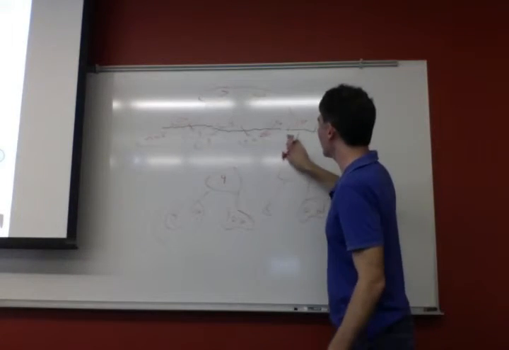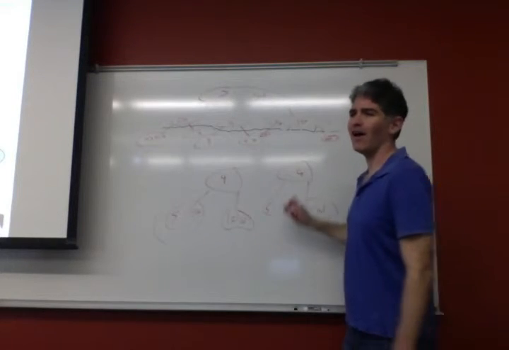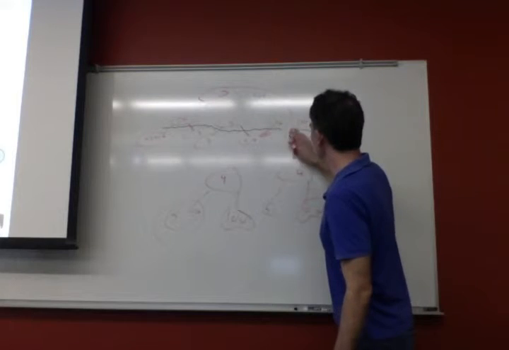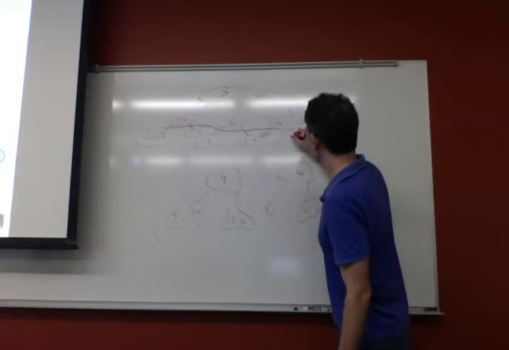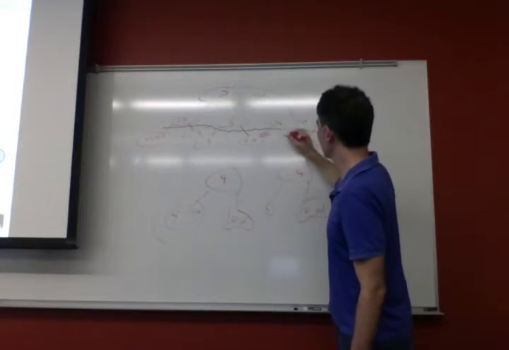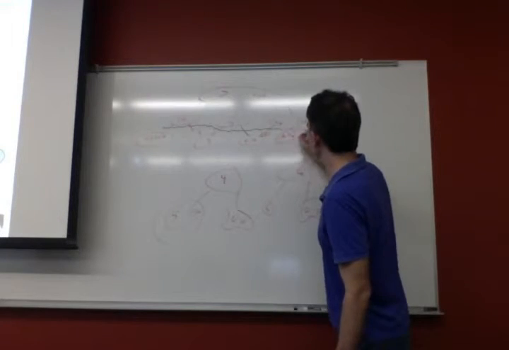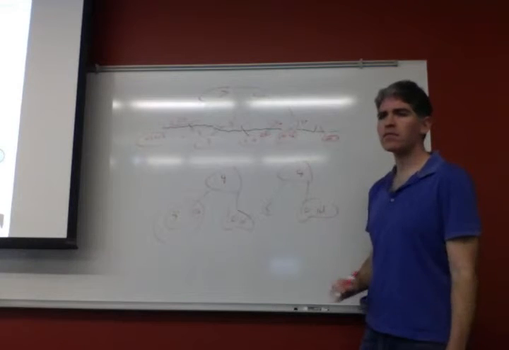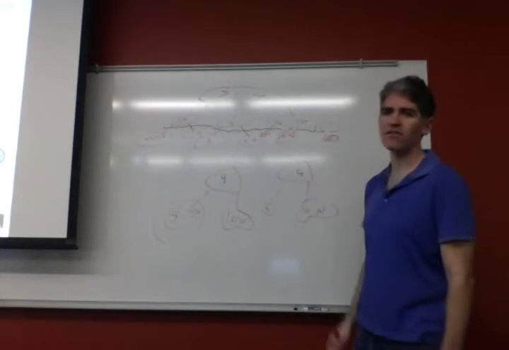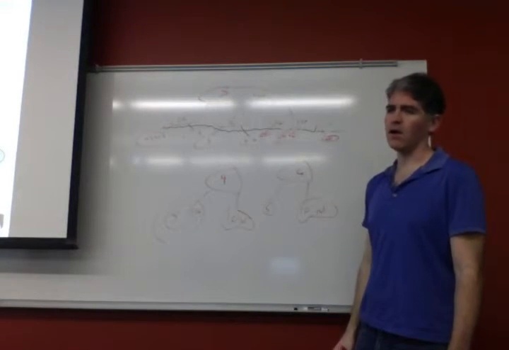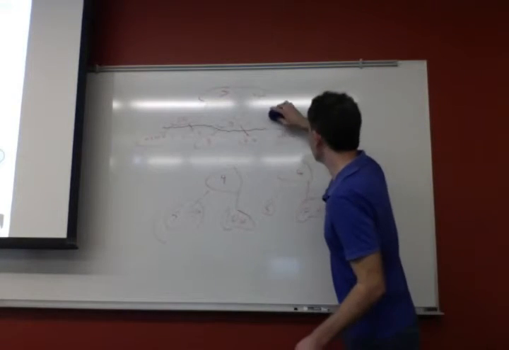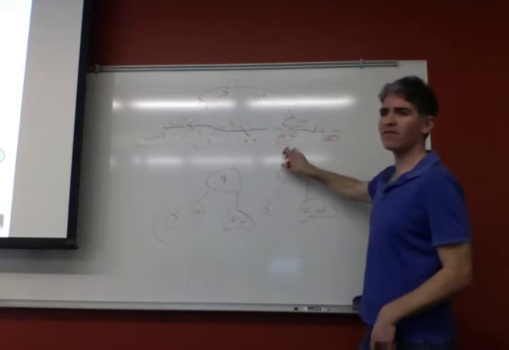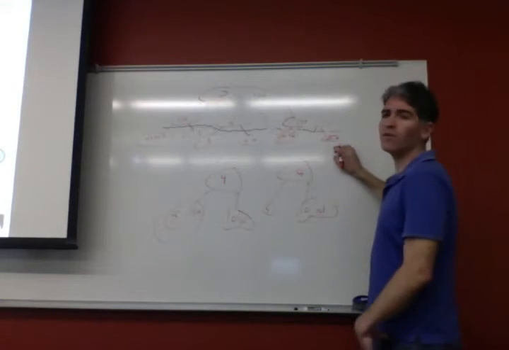For reasons that I have no idea why, I'm going to bring 512 down and make it 490 and 512. I could have chosen 1137 and 2001, but that's just the decision I've made. So now we have 1137, 490, 512, 2001.